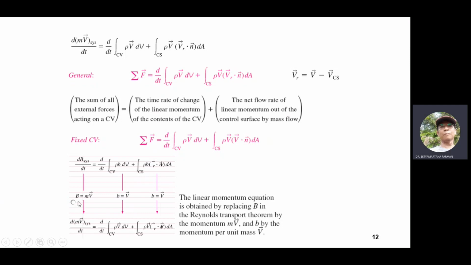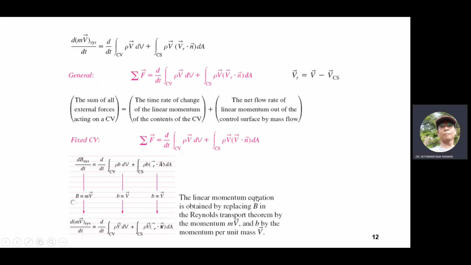So by replacing P with the linear momentum, and small p with the velocity vector, we will have this equation, which is equal to the first equation above.